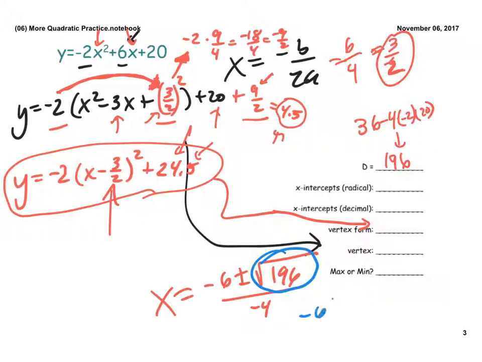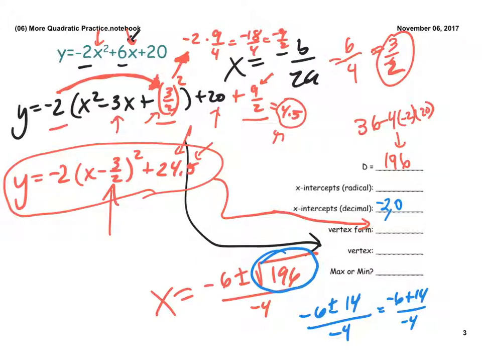So it's really -6 plus and minus 14 all over -4. So that's -6 plus 14 over -4, which is 8 over -4, which is -2. So one of my X-intercepts is -2.